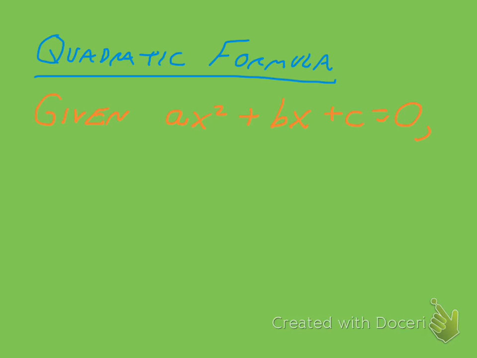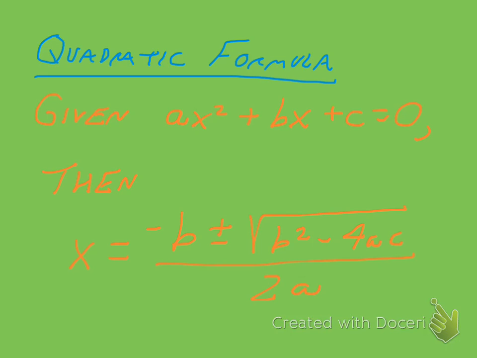Given ax squared plus bx plus c is equal to 0, then what we know is that if this does not factor, then x is going to be equal to the value we get from this formula: negative b plus or minus the square root of b squared minus 4ac all over 2a.